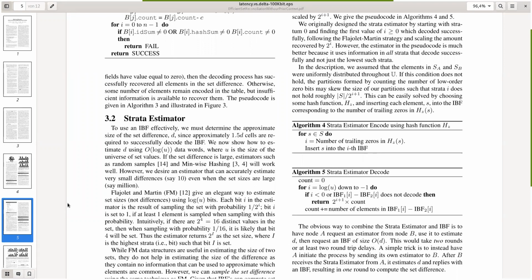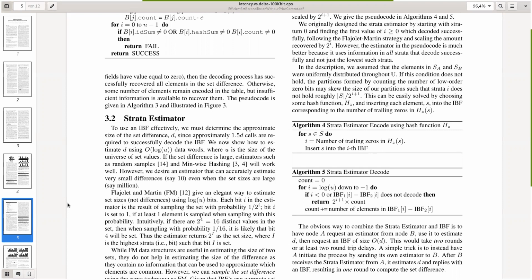So for the first element, you do the same sort of set difference decoding just on this very small partition, and you get a small difference. And then you just take the cardinality of that difference and add it to your counter. And because it's small, it's not going to be an issue.